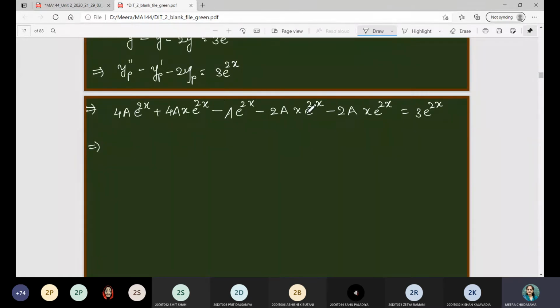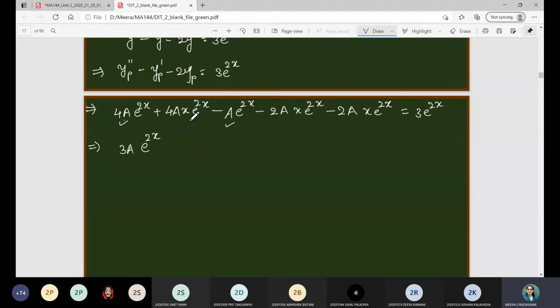So if you see here, first of all, let us consider the terms involving only e raised to 2x. So it is 4a, then we have minus a, that is 3a. Only two terms are there, right? So simplified version of it will be what? So it is 4a minus a, that is 3a.